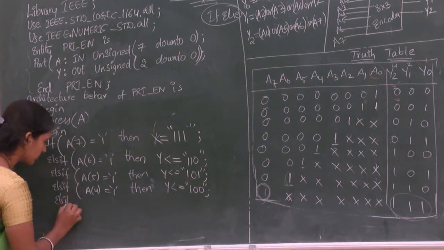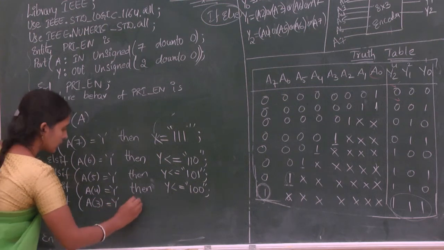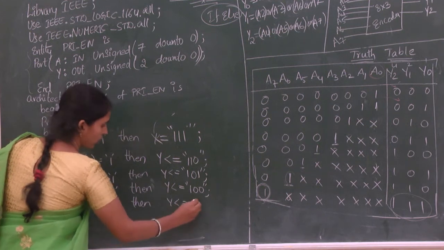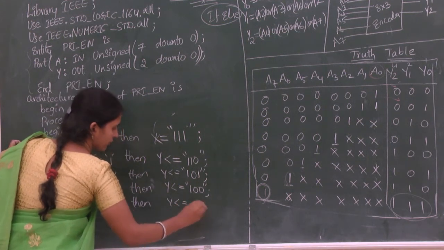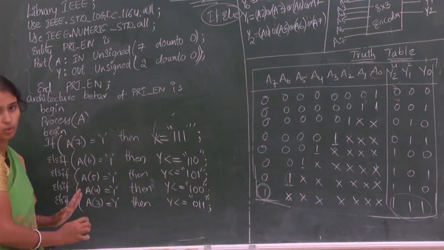Else if A3 is equivalent to 1, then Y is equivalent to 0, 1, 1. See, I am writing this code just from the truth table.